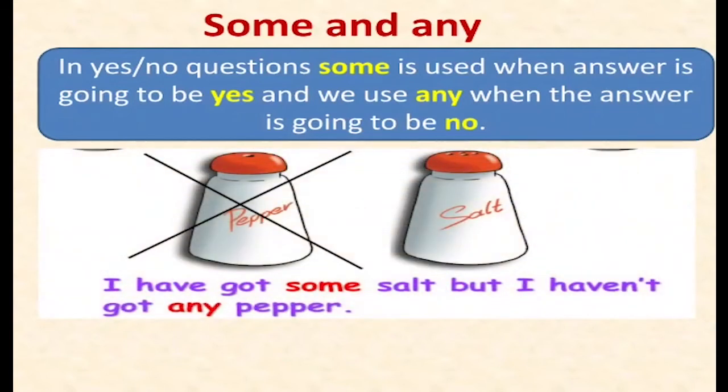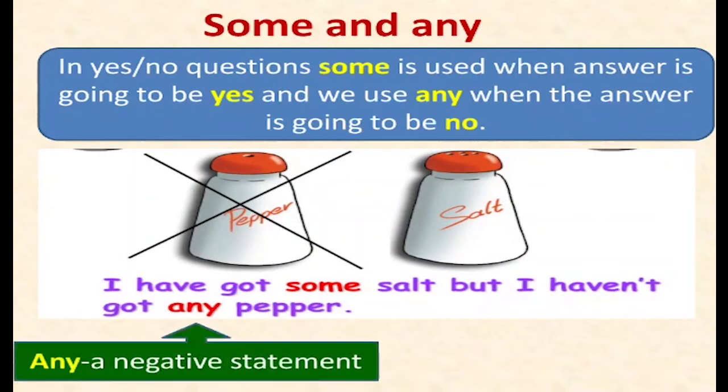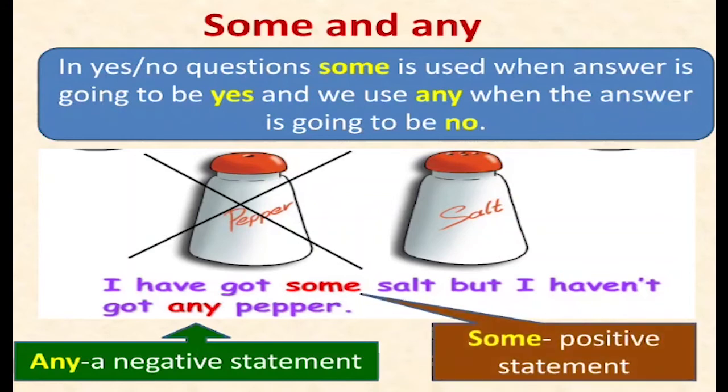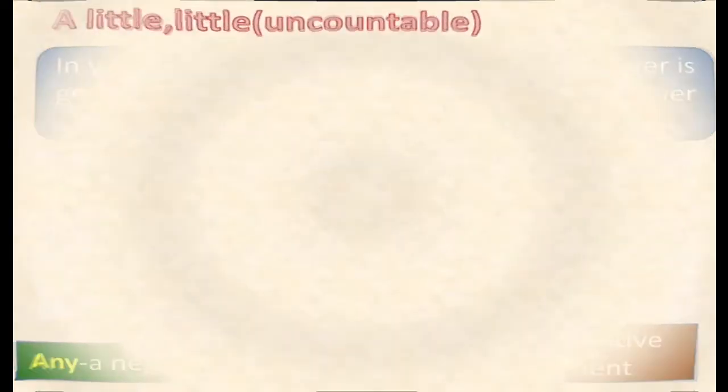If yes or no questions are used, some is used when the answer is going to be yes, and we use any when the answer is going to be no. For example, for simple statements like I have got some salt but I haven't got any pepper, in that case any shows a negative statement whereas some shows the positive statement.